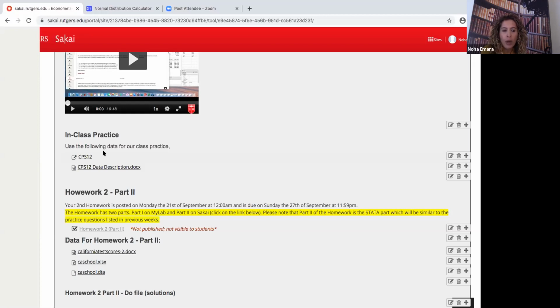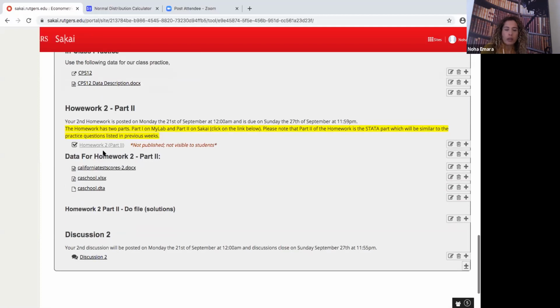It lets you know if this data is related to an actual research paper or an actual project. Your homework for this week has 2 parts. As you can read in the instructions right under the title of homework 2 part 2, the homework has 2 parts, and this is going to be the case for all coming homeworks.